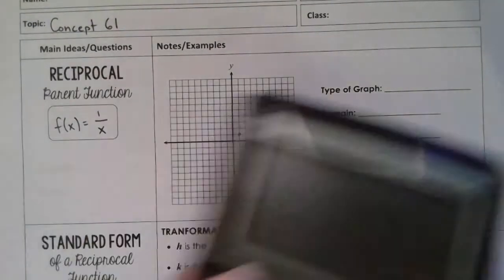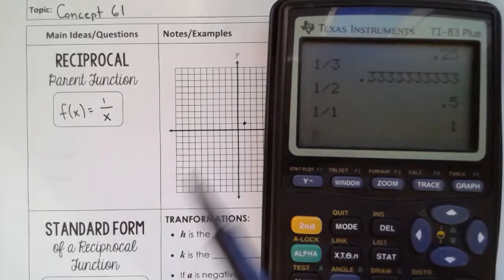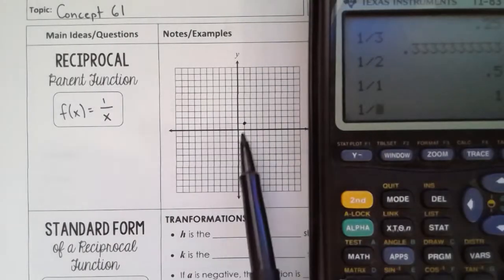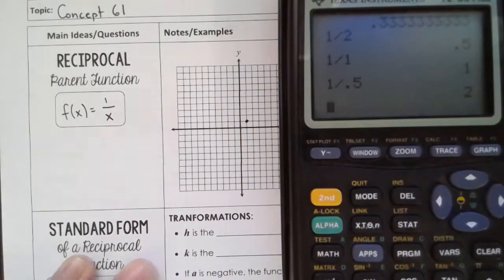Now, what happens there is, you can keep going smaller than 1 as we approach 0. So take a half, for example. If x is equal to a half, 0.5, look what happens. f of x starts to increase.